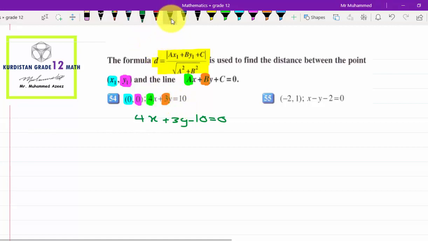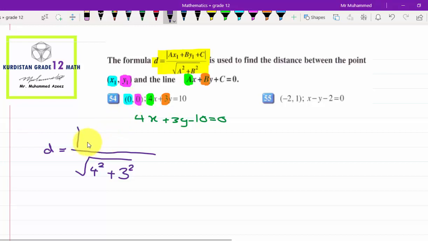Let's start. We're going to substitute the values of x1, y1, a, b, and c in this formula. So d equals, down we have a squared plus b squared. A is 4, so 4 squared, plus b is 3 squared, and in the top we have the absolute value.